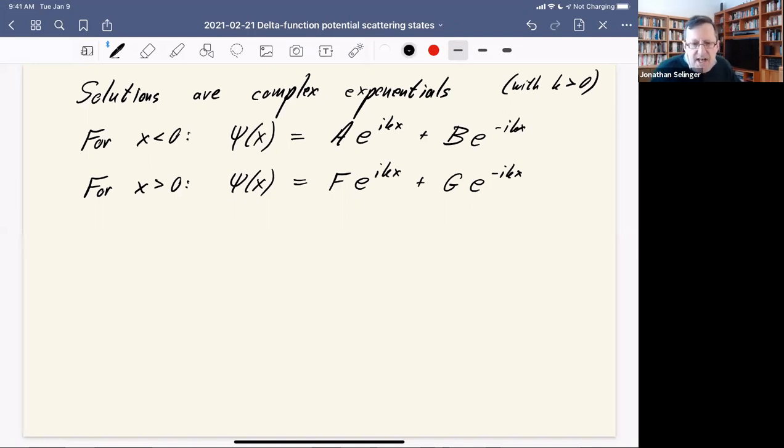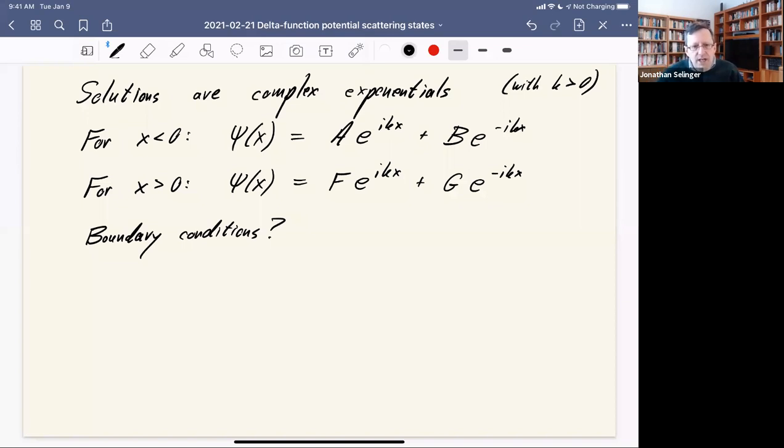Now we want to see what kinds of boundary conditions we can apply. First of all, can we apply boundary conditions at infinity?